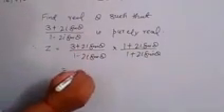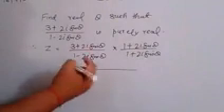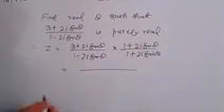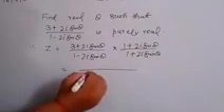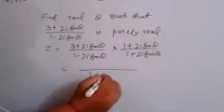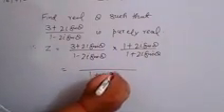Now taking the product. In the denominator, you apply the identity a square minus b square, so you have 1 plus 4 sine square theta.